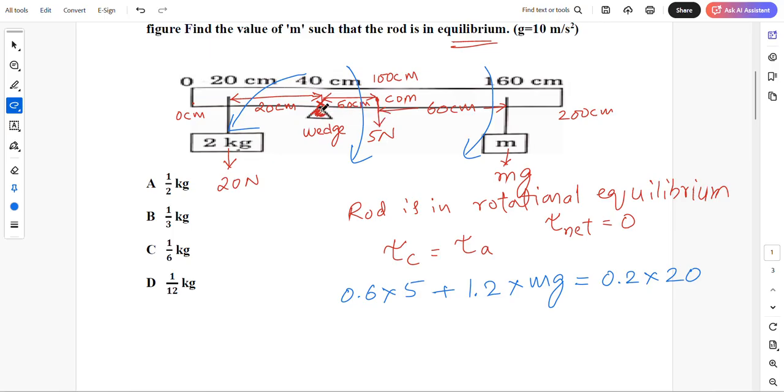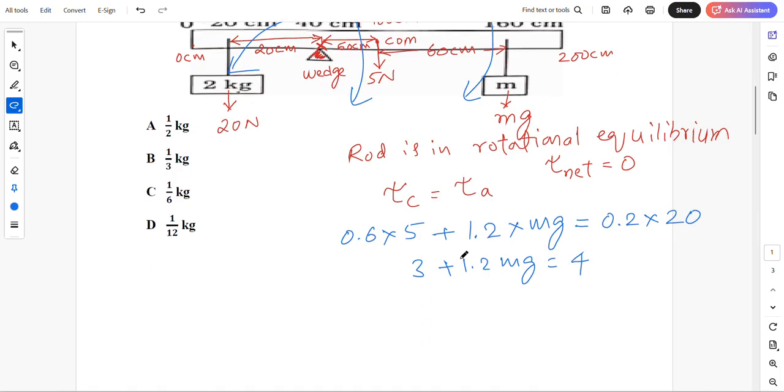Referring to this point, now you are supposed to calculate m. 0.6 into 5 is 3, plus 1.2 mg, equals 0.2 into 20, which is 4.